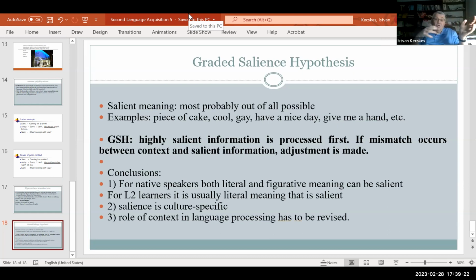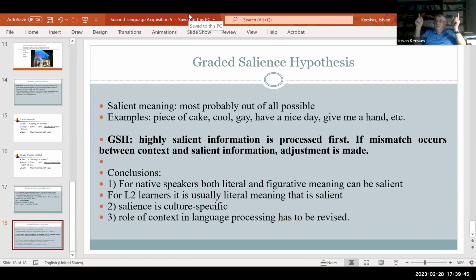And they all affect your behavior, communicative behavior. The question is to what extent. So they are always there, both the actual situational context and the prior context. And the question is to what extent.